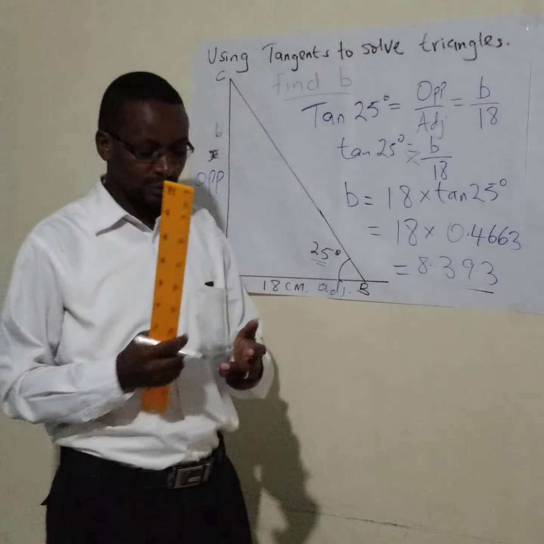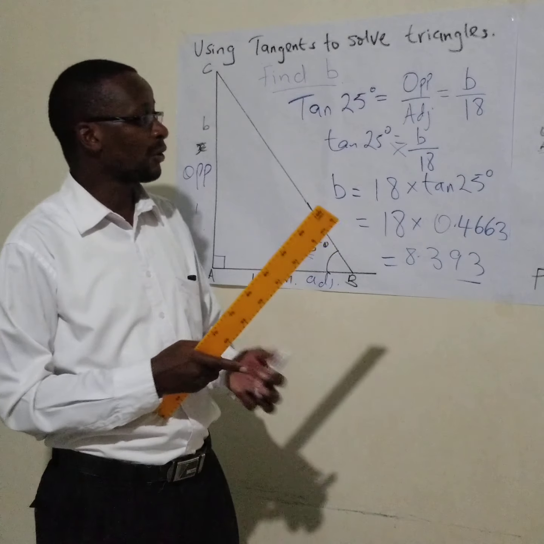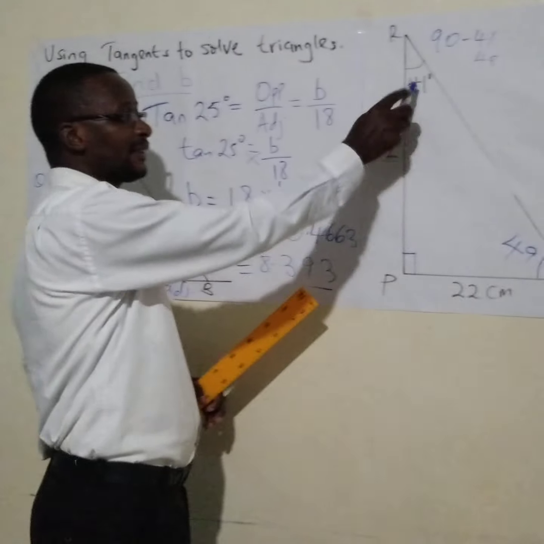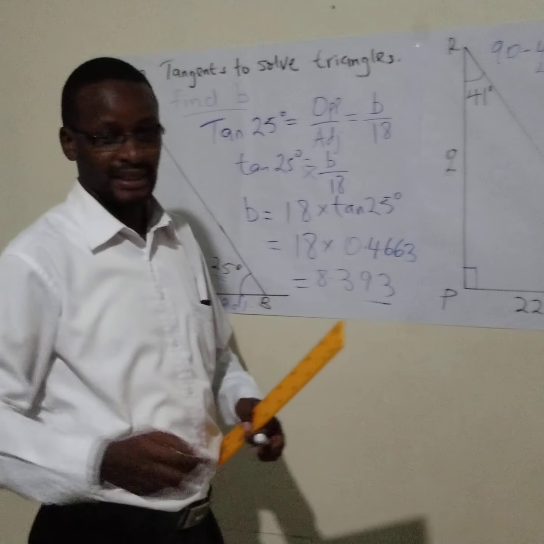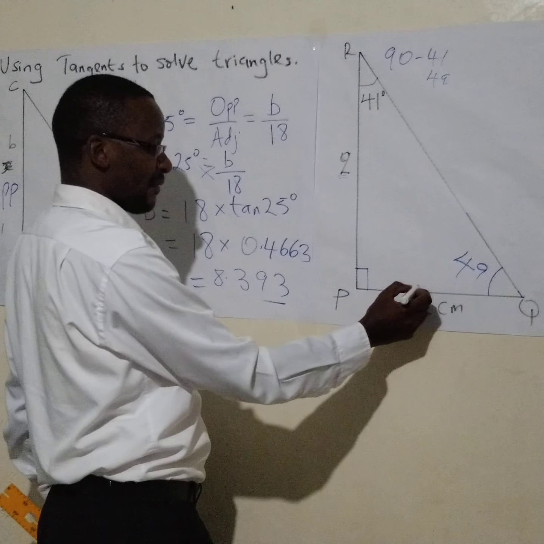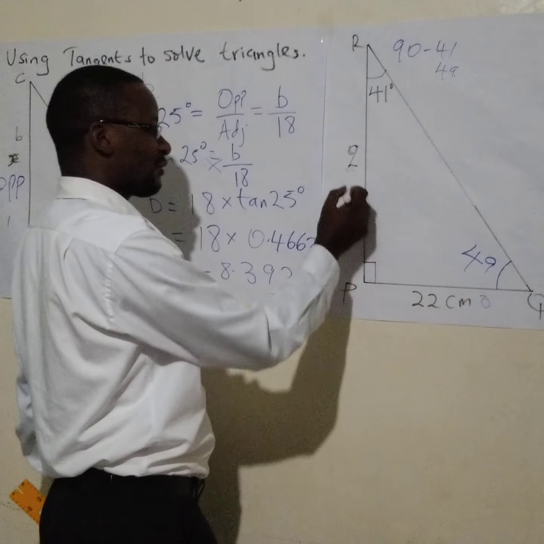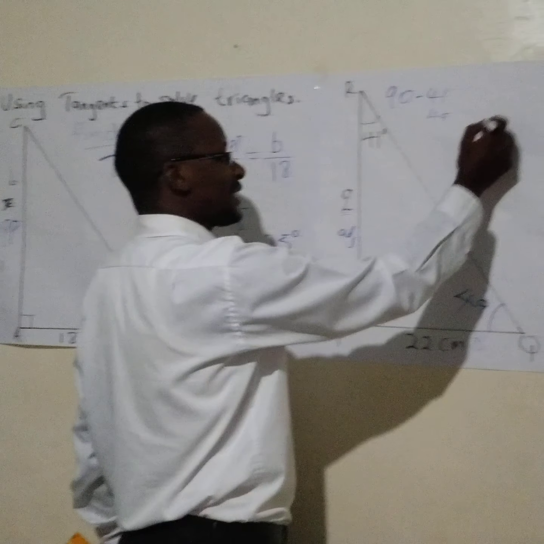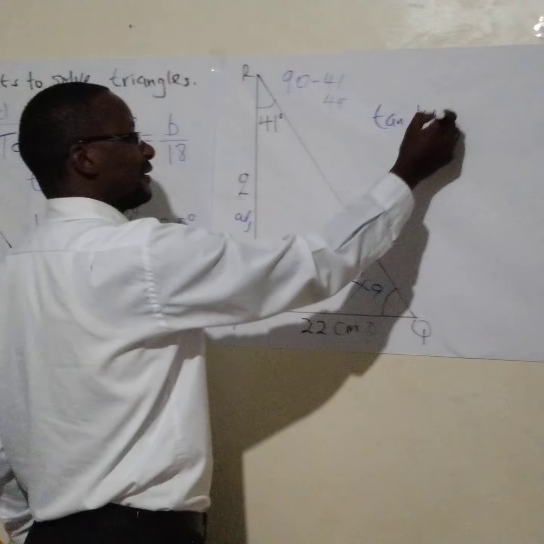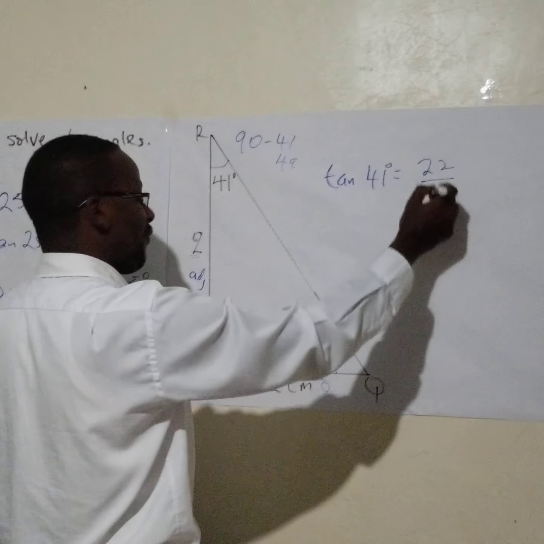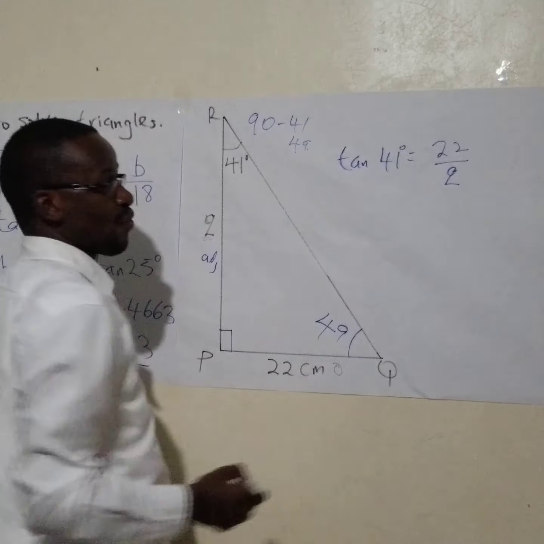It will be easier for you to do this, so that you multiply instead of dividing. You realize, if you use 41, let's use 41 and then you understand what I mean. If this is 41, this side here will be opposite, and this will be adjacent. So tan 41 is equal to opposite, which is 22, over adjacent, which is q.